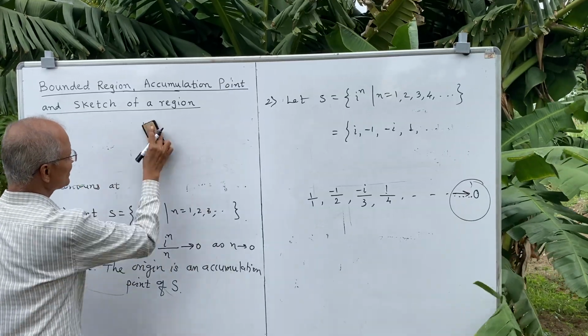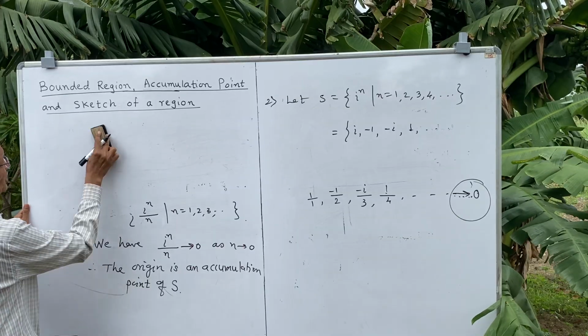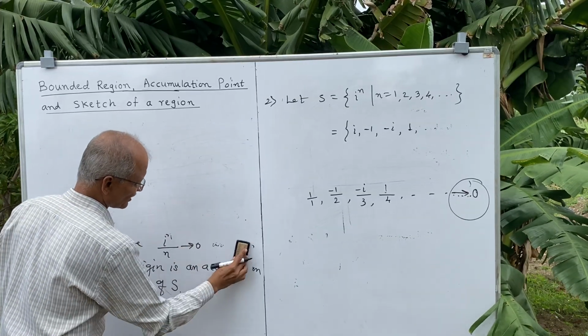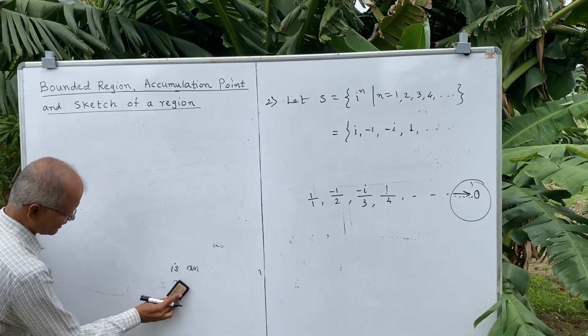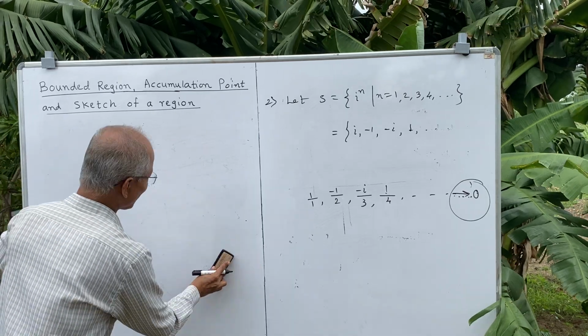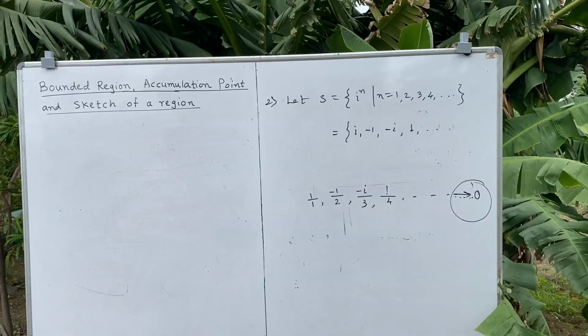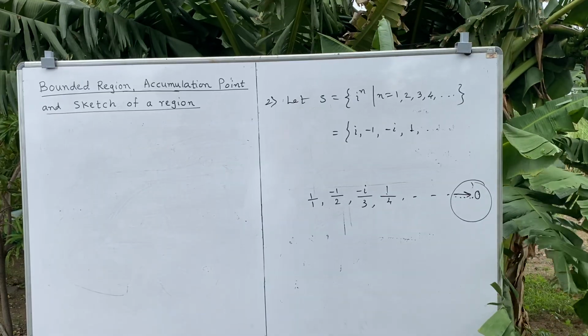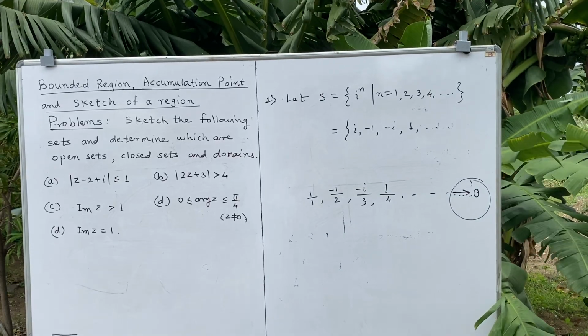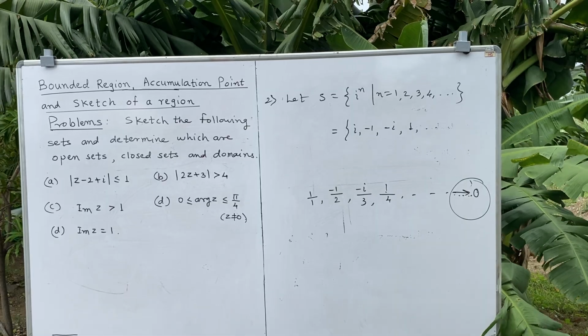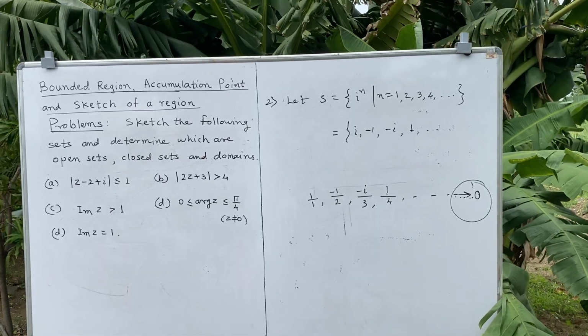Next, we shall see how to sketch a given region in the complex plane geometrically. I shall write the problems, then we shall sketch these regions one by one. I have written here some problems to sketch the sets.